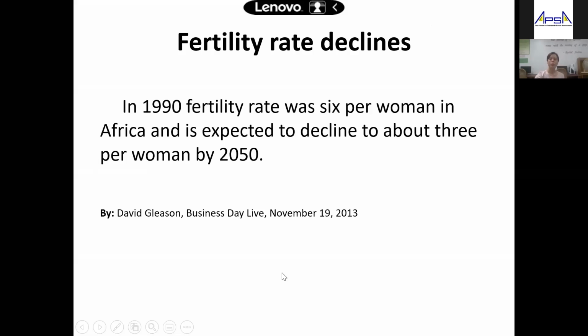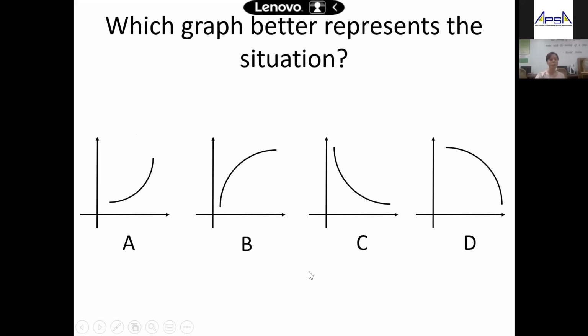If I ask you, what will be the population in Africa? Ano kaya yung population in Africa? Dadami kaya o kokonti? Let's read again. Before, it was 6 per woman. Now, women are still giving birth, but only 3 na lang. So probably, if we graph, the population will still increase.